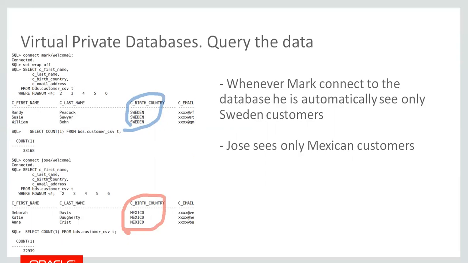Then Jose connects to the database and queries the data, and Jose observes only the Mexican customers. I would like to draw your attention to the fact that we don't put a predicate anywhere. It was added automatically, and Mark could not even guess that some other information exists in this table.